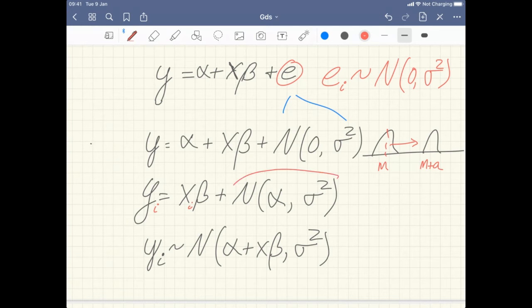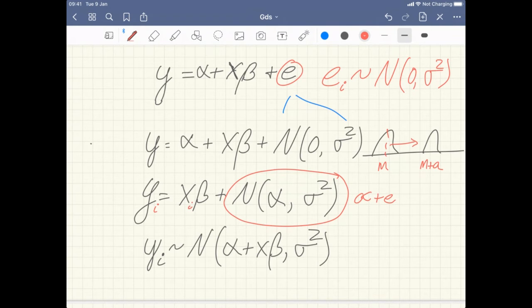This here you can think of as the distribution of alpha plus E together. Because alpha is just a constant, and E is still random, and E is still normally distributed.